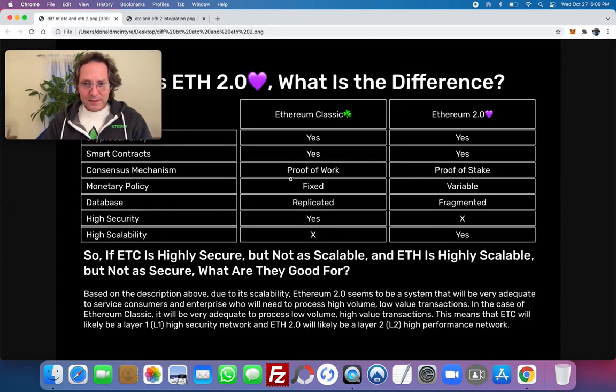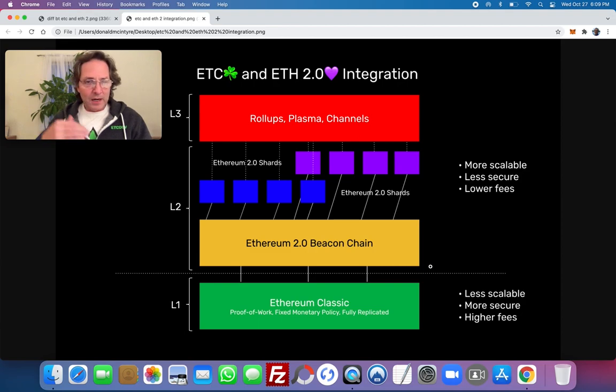Okay, so these are the differences between Ethereum Classic and Ethereum 2.0, and this is what I see is going to happen, regardless whether Vitalik or the Ethereum Foundation like it or not, regardless whether all the scientists and PhDs that work here in the theory and in the systems of Ethereum 2.0, just because it's an unavoidable physical reality, they are going to end up anchoring the chain very likely to Ethereum Classic, because Ethereum Classic is going to be this base layer system that is going to be extremely secure and programmable, and is going to interact very smoothly with all the system of smart contracts, and it's going to be absolutely compatible with the EVM standards that these systems are going to follow.